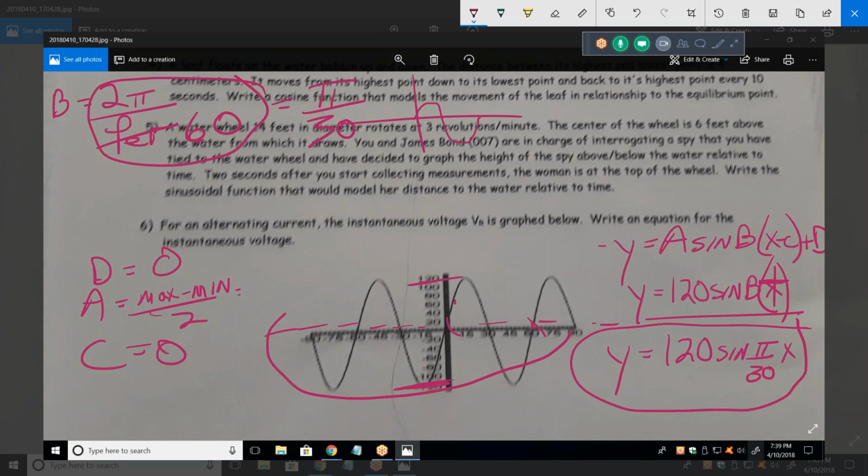Phase shift is the distance that it would have to be moved right or left to get it to the original position that the sine curve would be at. In other words, let's take something like this. Normally, a sine curve looks like that. That is pi over 2. That's pi.